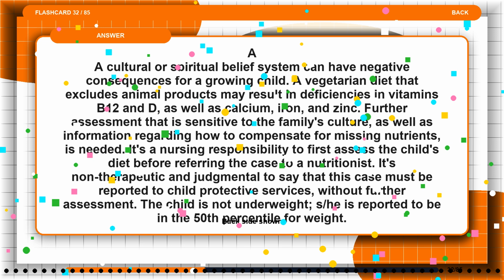It's a nursing responsibility to first assess the child's diet before referring the case to a nutritionist. It's non-therapeutic and judgmental to say that this case must be reported to Child Protective Services without further assessment. The child is not underweight, as he or she is reported to be in the 50th percentile for weight.